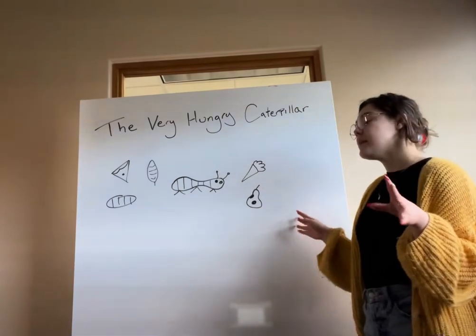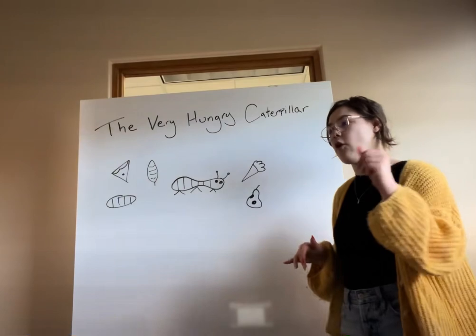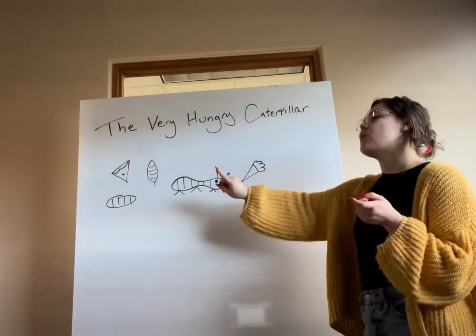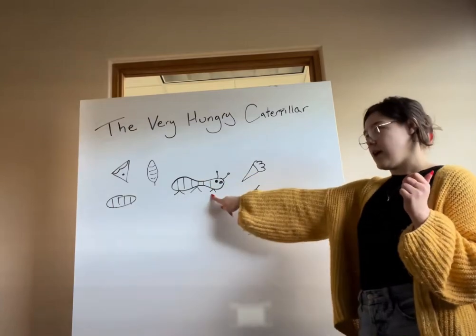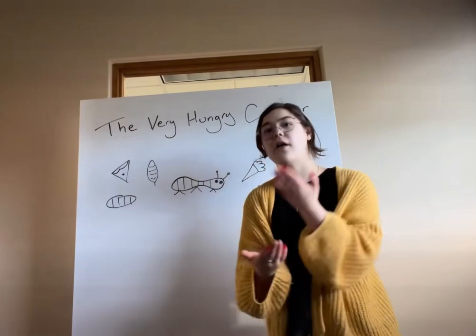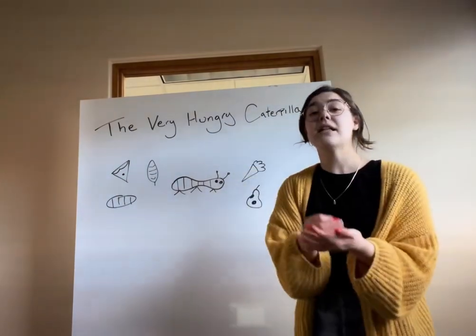Something that is reoccurring, remember that word reoccurring, it happens over and over and over, is the author says, but he was still hungry. The caterpillar ate and ate and ate, but he was still hungry.